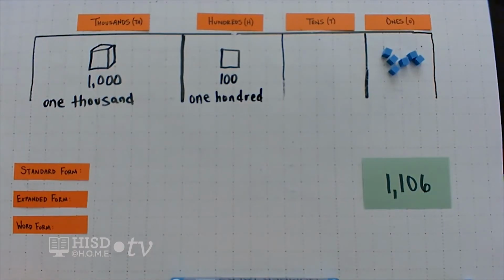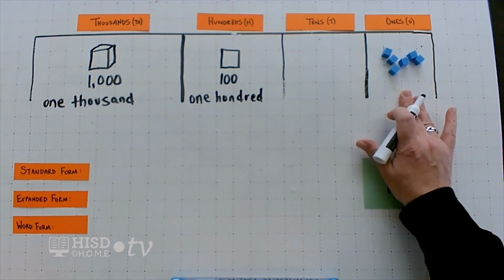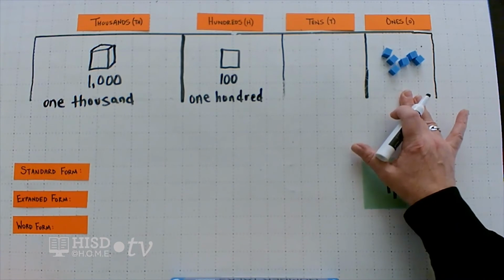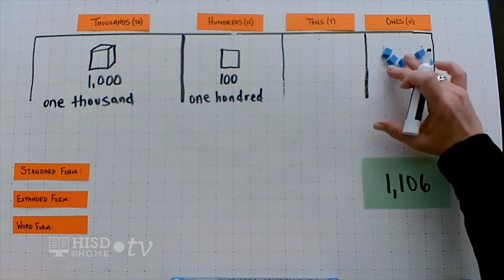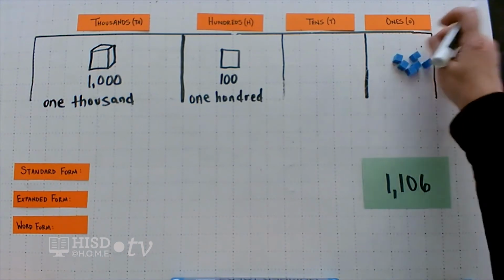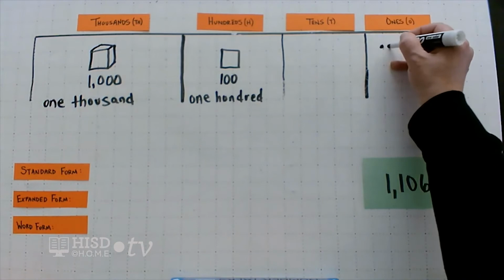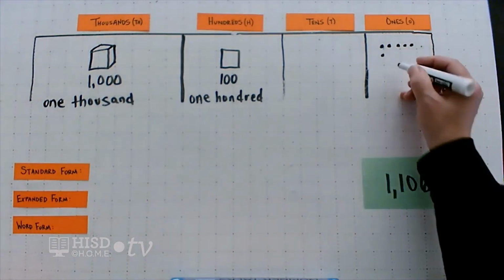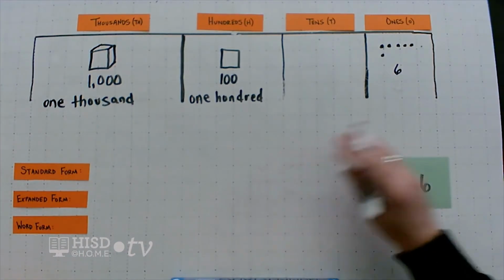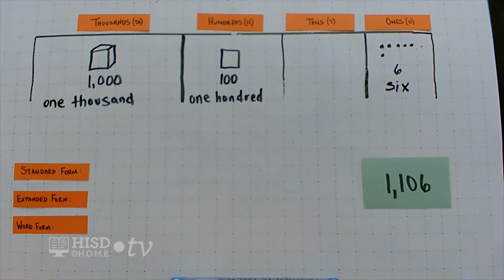I don't have any groups of 10 because we had a 0 in that place value position, but I do see that I have some units that are representing my ones position, and so I know that I have 6 of those. There's 2, 4, and 6. I can pull those down, and I'm going to be able to represent those using my 6 dots. So that value is 6, and I can write that in words as 6.